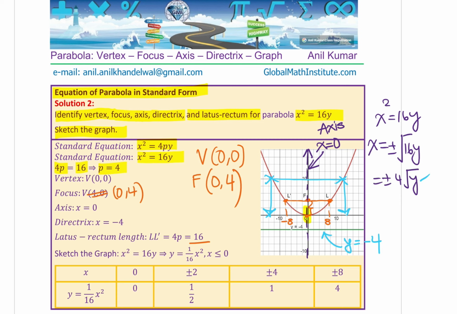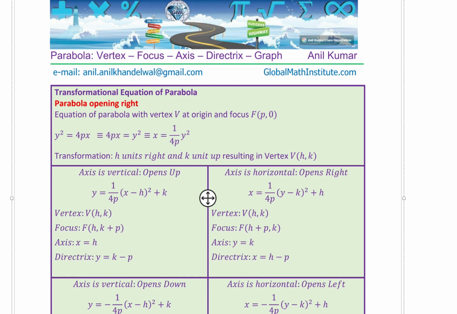Now we are going to understand what happens when the parabola is transformed. Vertical and horizontal translations are what we are going to look into.